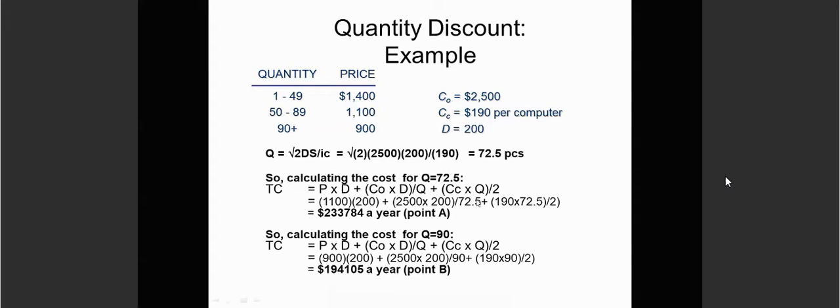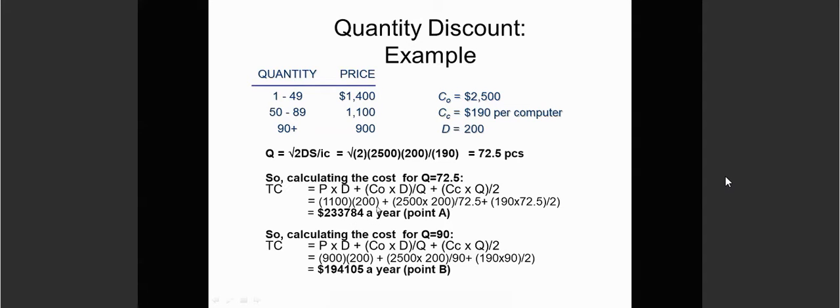So if we order a quantity of 72.5, the ordering cost will be 2,500 multiplied by 200 divided by 72.5, plus the holding cost of 190 ringgit per unit multiplied by 72.5 divided by 2. So we have the total cost of 230,784 ringgit.